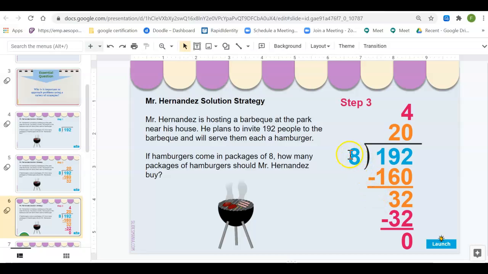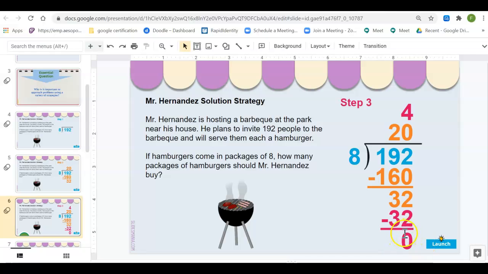He knows his math facts, and he knows that 8 times 4 is 32. So that 4 he puts up here, right above the 20, and the answer to 8 times 4, 32, you put down here. So 32 minus 32 is 0.